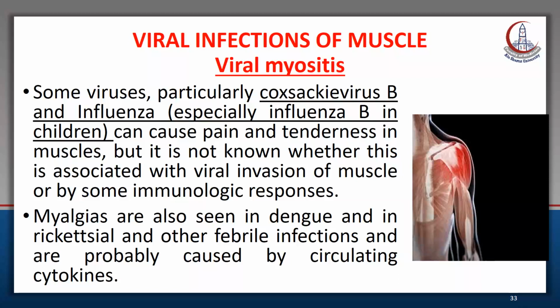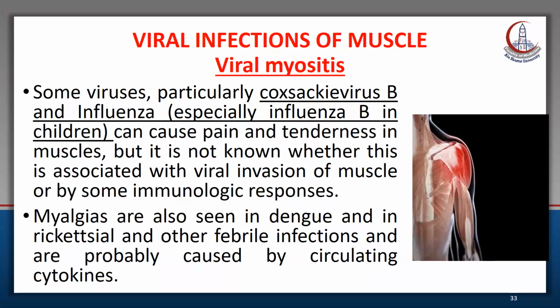Viral infections of muscle, what we call viral myositis. Some viruses, particularly Coxsackie virus B and influenza, especially influenza B in children, can cause pain and tenderness in the muscles. But it is not known whether this is associated with viral invasion of muscle or by some immunological response.